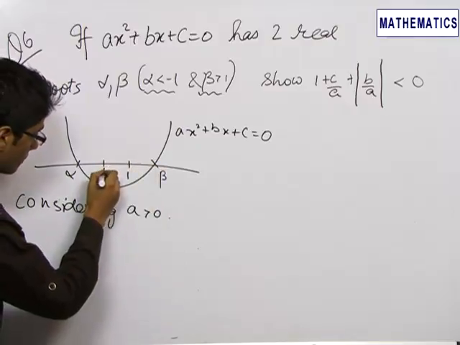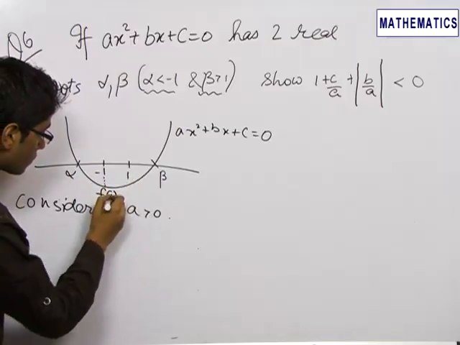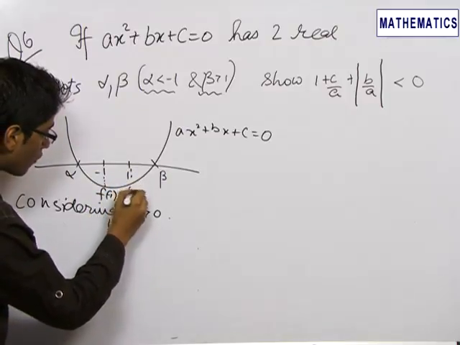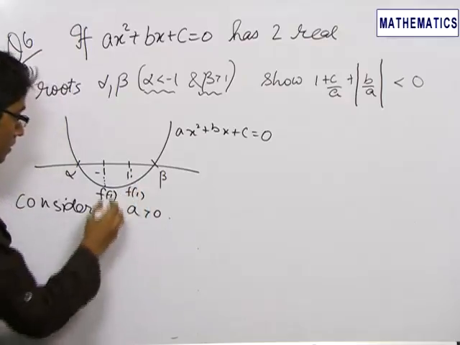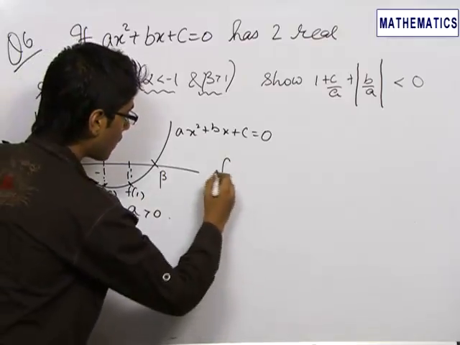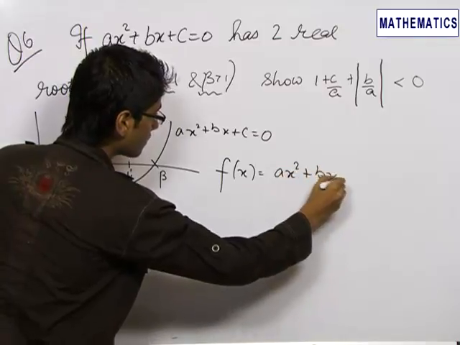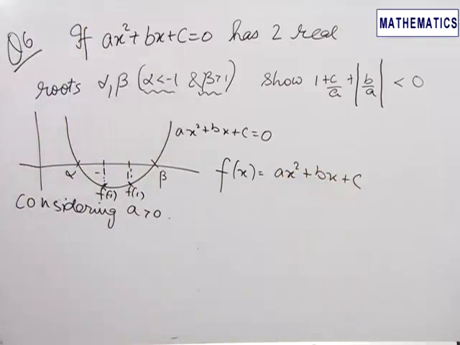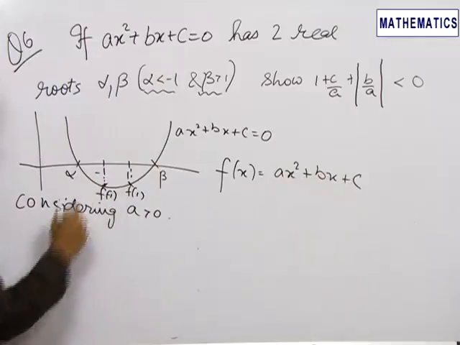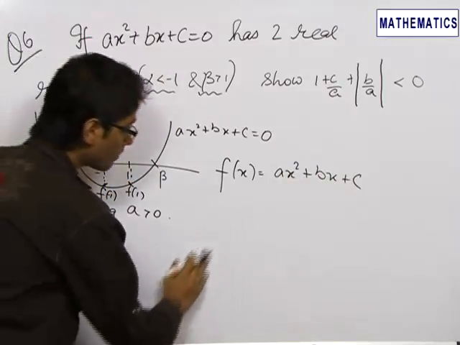So we know that the value of f of minus 1 and the value of f of 1, these two values, are definitely less than 0. If f of x is equal to ax square plus bx plus c, then we can very clearly see that f of minus 1 is less than 0 and f of 1 is also less than 0.